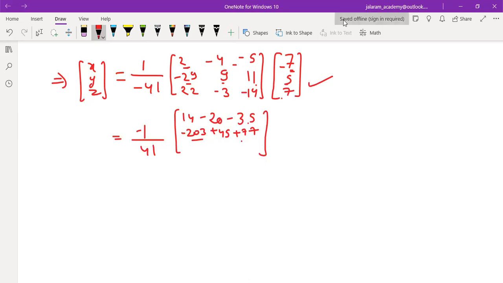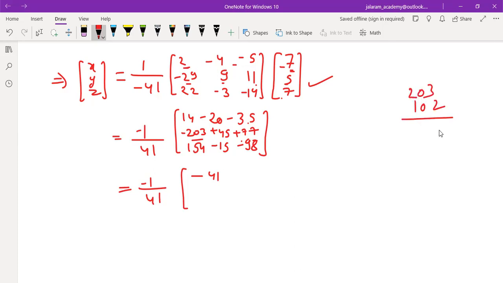Then 22 7s are 154 minus 15 minus 90, equals minus 1 by 41. 14 minus 55, minus 41 itself. 45 plus 77, 102, and minus 203, so it is giving minus 101. 29 sevens are, check it, is it 203 or not? 140 plus 63, yes it is. 9 5s are 45 plus 77, okay, correct.